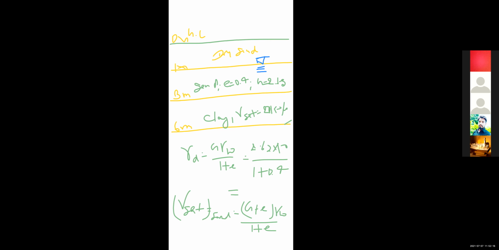Anyone calculated or not? Please answer, how much is the value of gamma D and gamma sat?